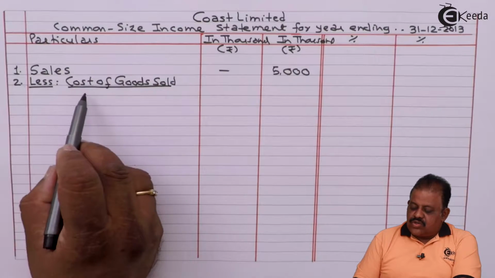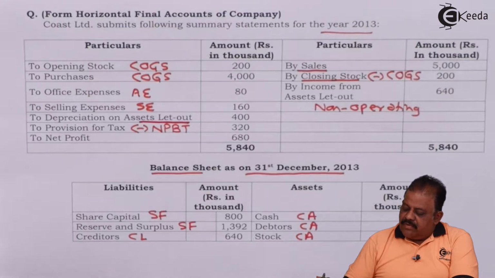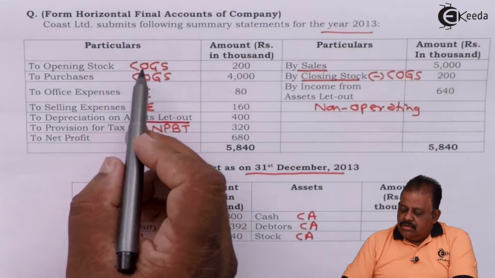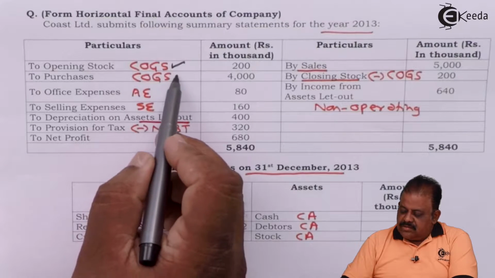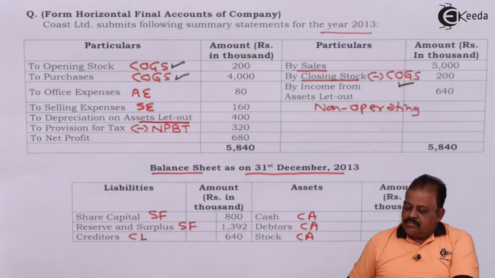Sales minus cost of goods sold. In cost of goods sold, we are required to consider opening stock, purchases, closing stock.